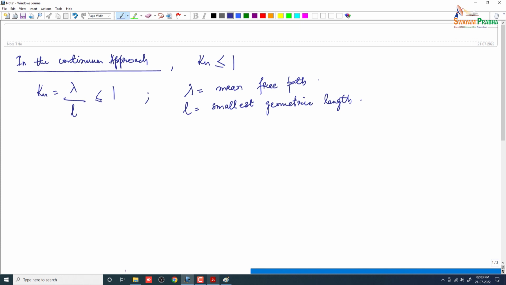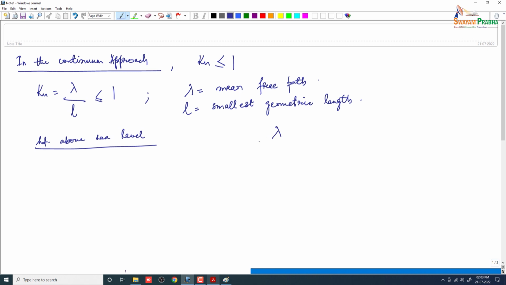In order to do that, let me give you some numbers for some of the lengths. So let's say height above sea level and the lambda at that place.